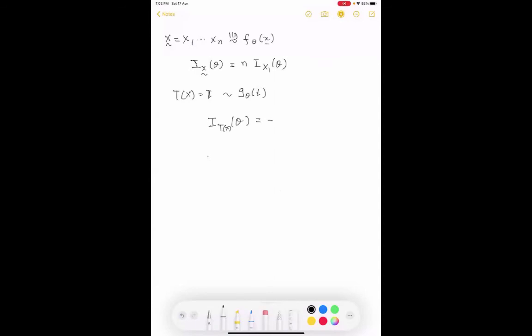That will be negative expected value. I will take this expectation with respect to G, not with respect to F, because this is the thing. And then del 2 del theta 2 log of g theta t. This is the Fisher information of the sampling distribution.